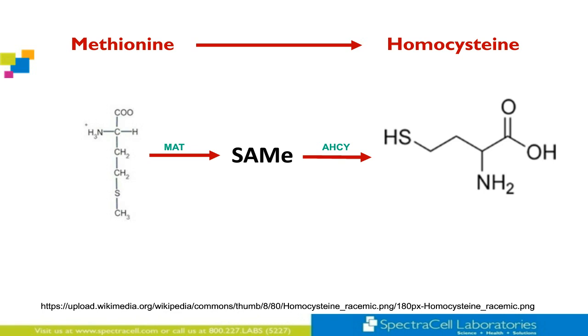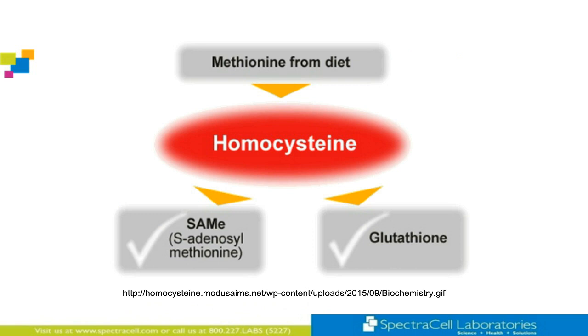And we know that this is important. Methionine can come from the diet. It is an amino acid rich in animal protein and in high sulfur foods such as eggs, for example, and methionine from the diet can directly foster the development of homocysteine in the body.